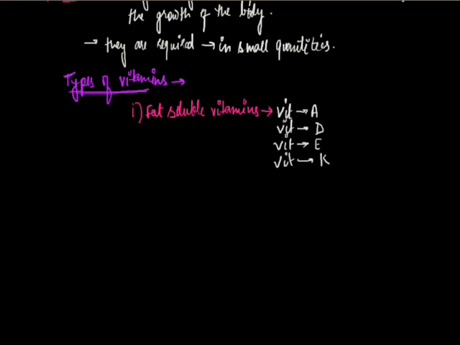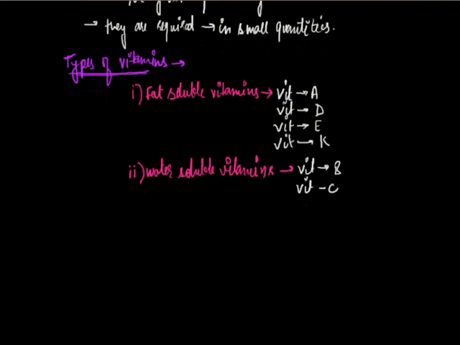Second is water soluble vitamins, and they are soluble in water solvent, and they are vitamin B and vitamin C. So this is the classification of vitamins.